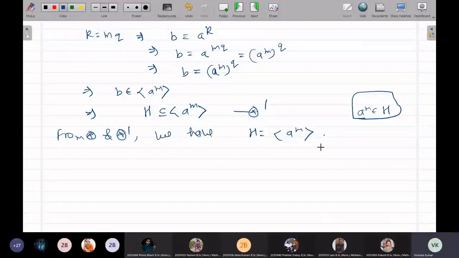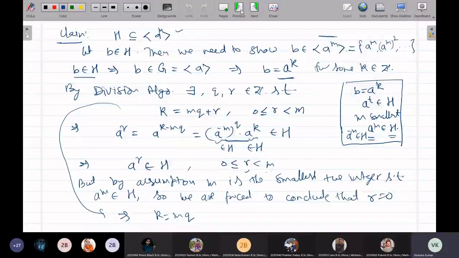So every subgroup of a cyclic group is cyclic. This we proved. Now let us see the other part.